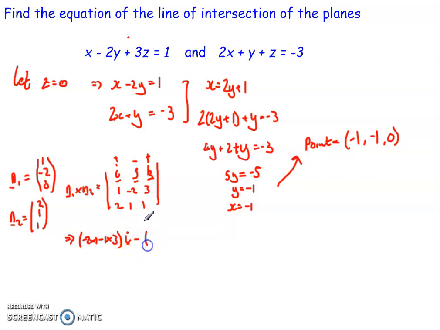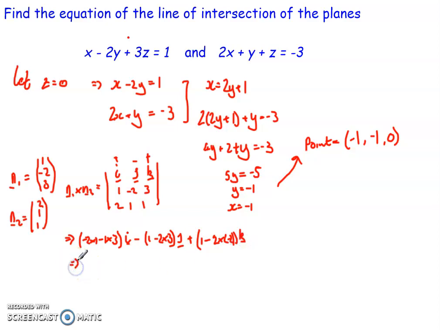Then take away 1 times 1 going across here, take away 2 times 3 in the j direction, and I'm then going to get plus for the k direction, 1 times 1, take away 2 times negative 2.